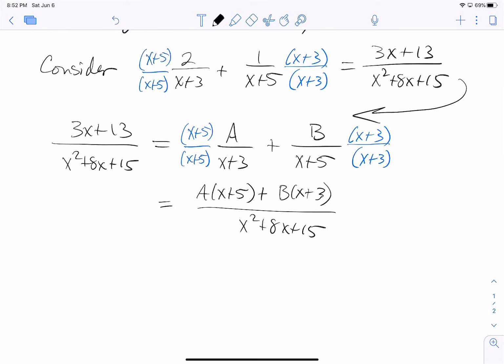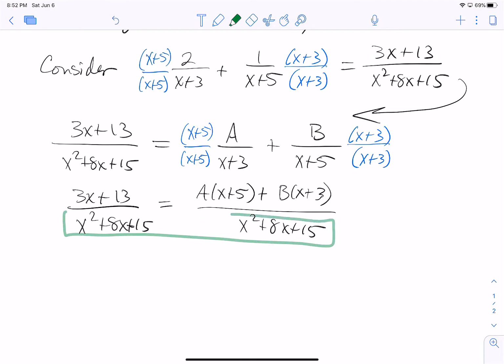I didn't write what's on the left-hand side, and I'm going to now: 3x plus 13 divided by x squared plus 8x plus 15. And the strategy I'm going to promote is, if we know that the denominators match, and we have two fractions that are equal to each other, then it must be the case that we can form an equation just of the numerators.